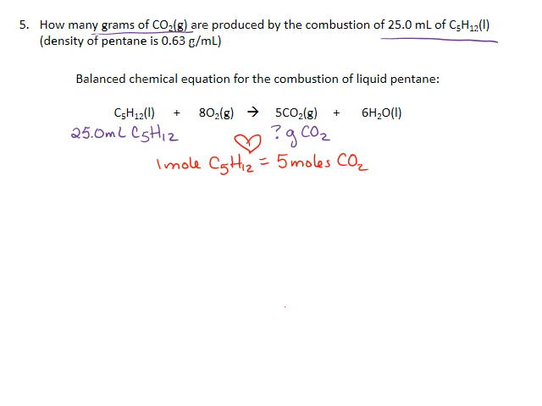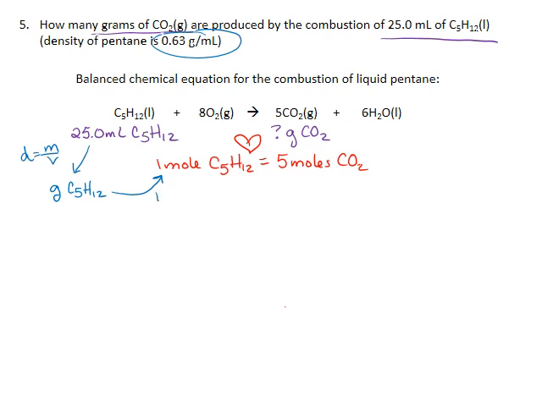What additional connections do we need in this problem? We need to get from milliliters of pentane to moles of pentane. We see that we're given the density of pentane in the problem, so we can get from milliliters of pentane to grams of pentane using the density. Further, we can get from grams of pentane to moles of pentane using the molar mass of pentane.